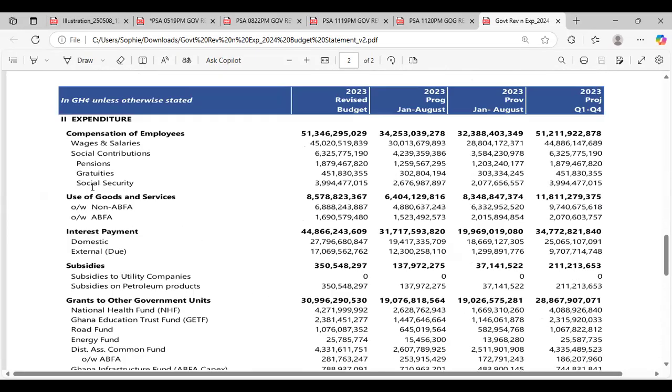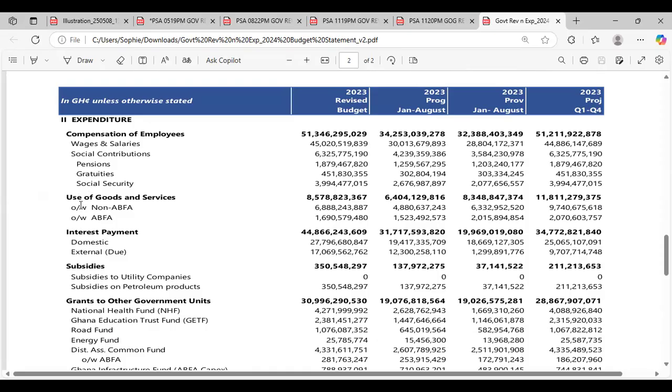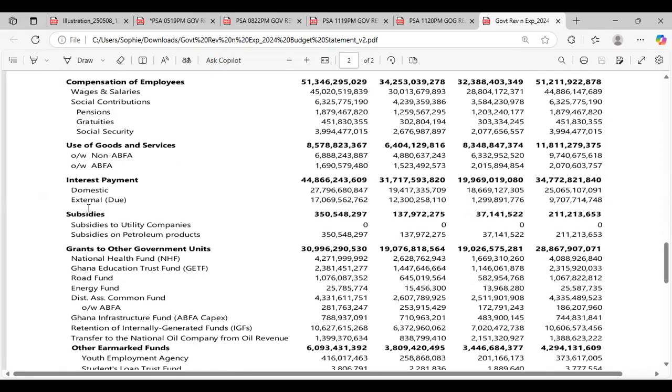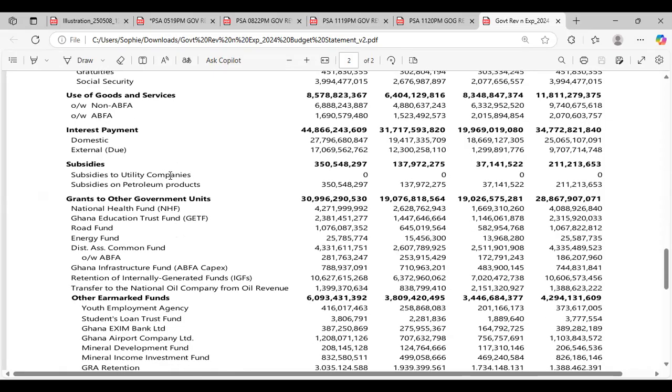subsidies. So just pay attention to the major headings: compensation of employees, and what are the things that come under them? Use of goods and services. Here, there are a lot of things that will fall here. As you saw in the example we solved yesterday, the interest payments, then subsidies, utility companies, a whole lot, grants and other.